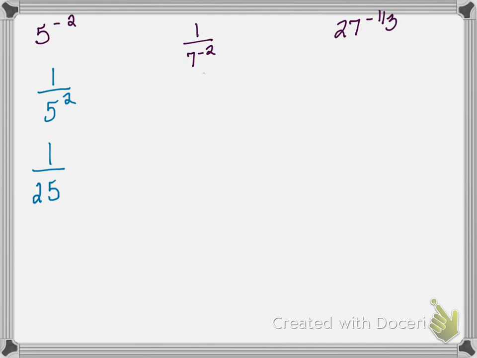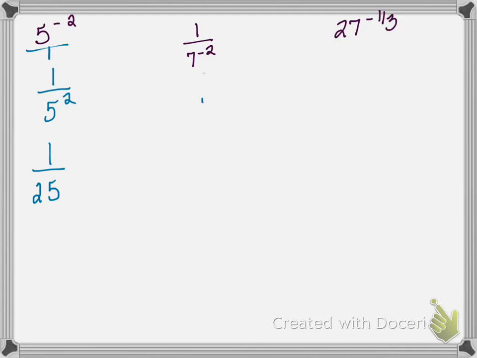Now I've got the negative exponent in the denominator. When I have a negative exponent in the denominator, I move it to the numerator. The first one, I had a negative exponent in the numerator, and I moved it to the denominator. Now I've got it in the denominator, and I'm going to move it to the numerator.